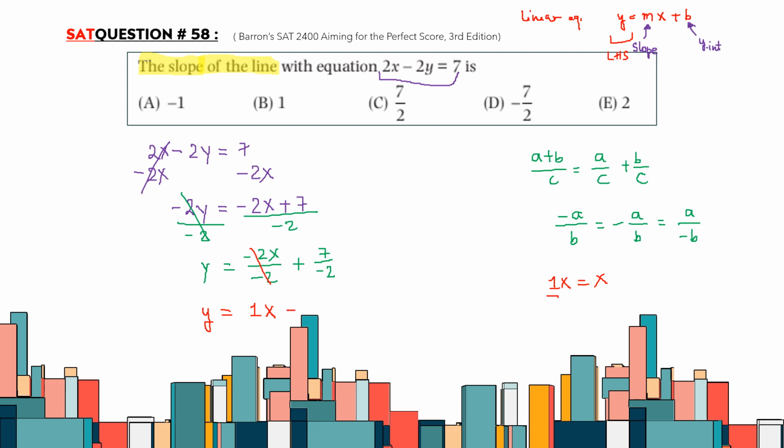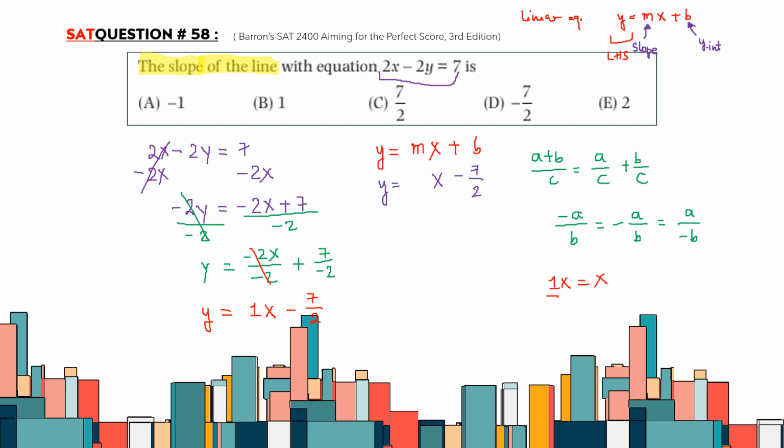So minus 7 over 2. Like I said, we can rewrite this one as y equals mx plus b. Our answer is y equals x minus 7 over 2.